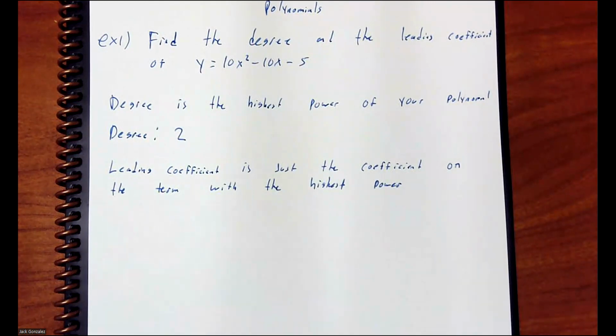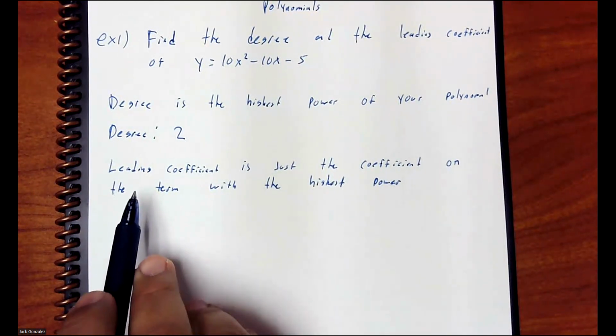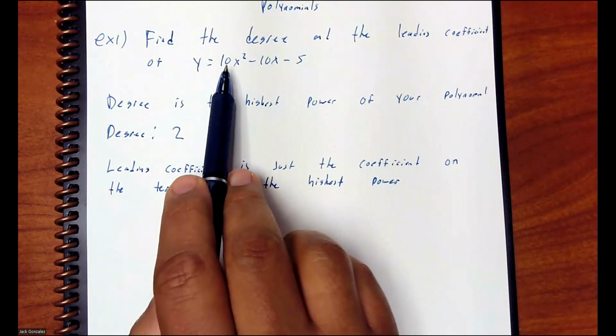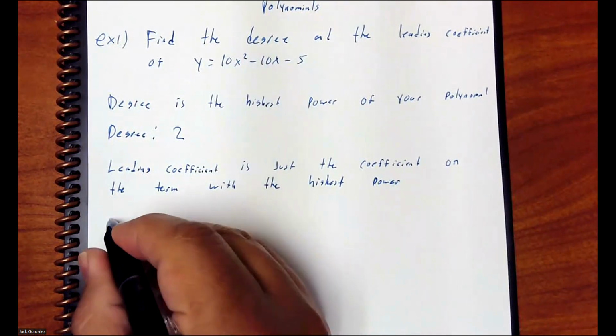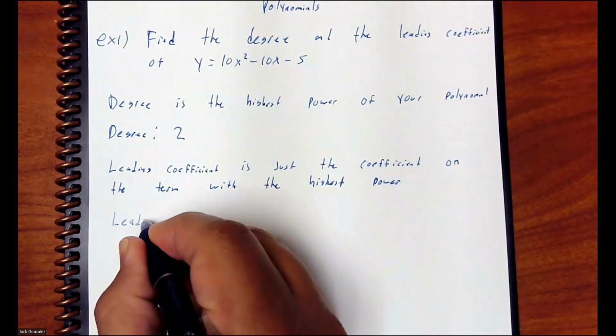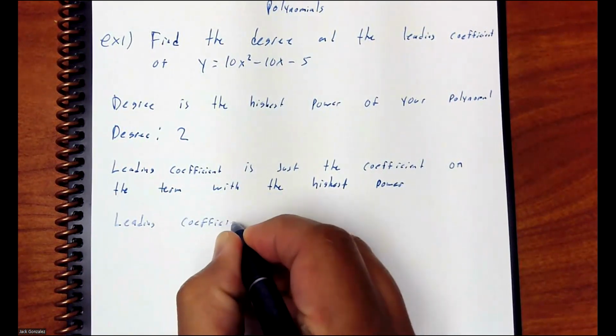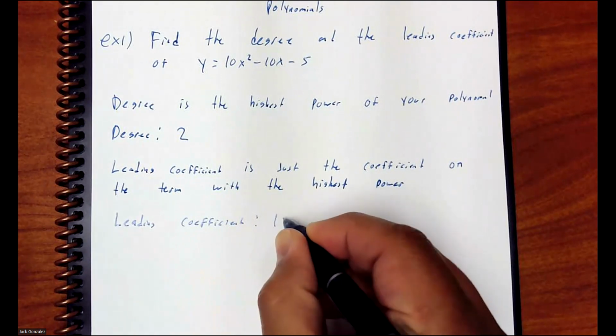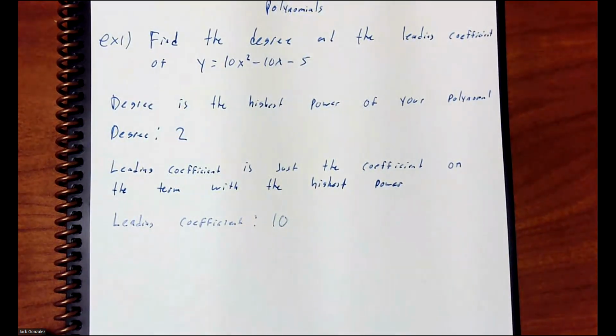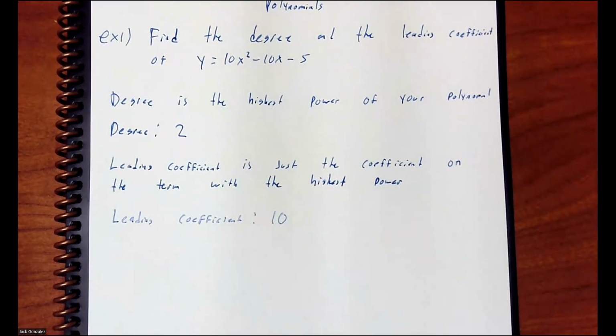The one with the coefficient with the highest power is the 10, right? So the leading coefficient is just 10. Okay, we're just reviewing. Are there any questions on number 1?